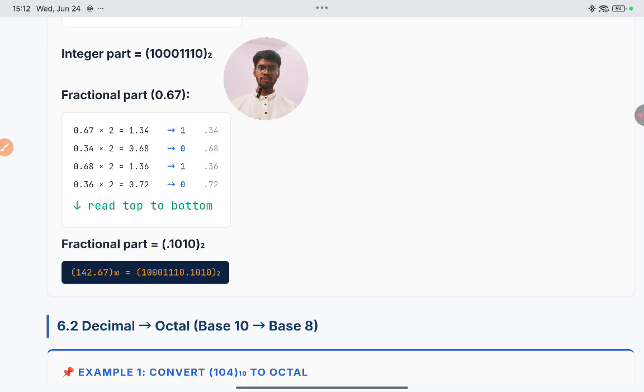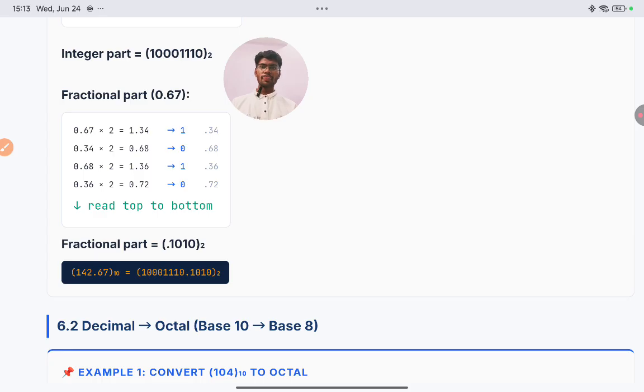The whole 0.68 you bring here, into 2, 1.36, brought 1, 0.36 into 2, 0.72, 0, that is 0.72 remains, 1010 you need to have. So basically like this, that is the conversion part that we need to understand.